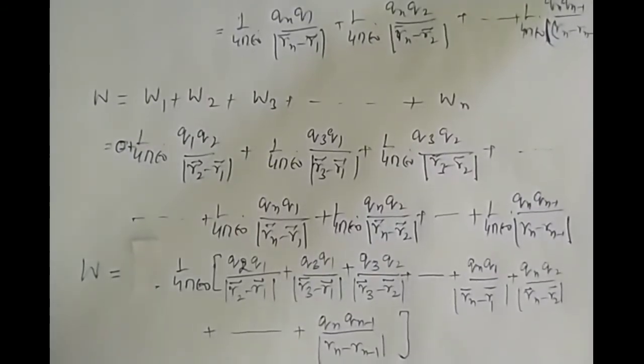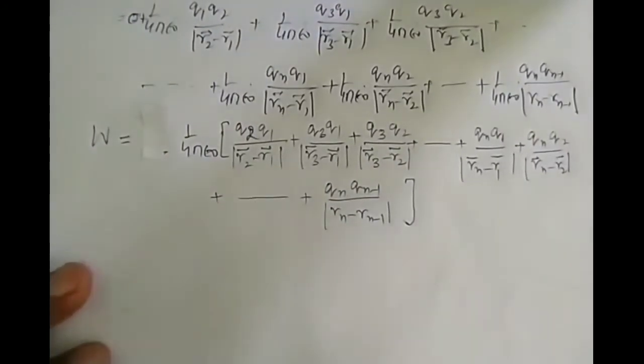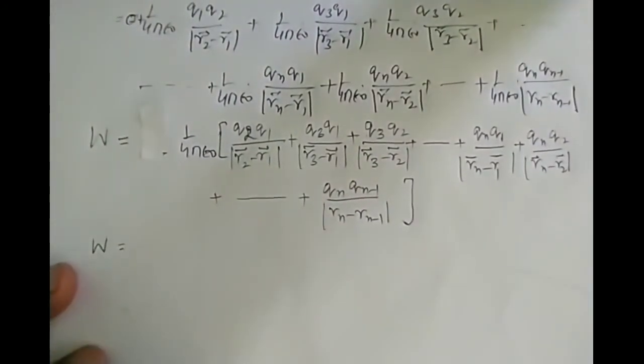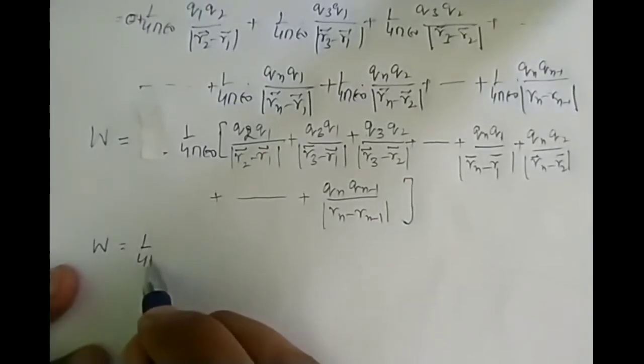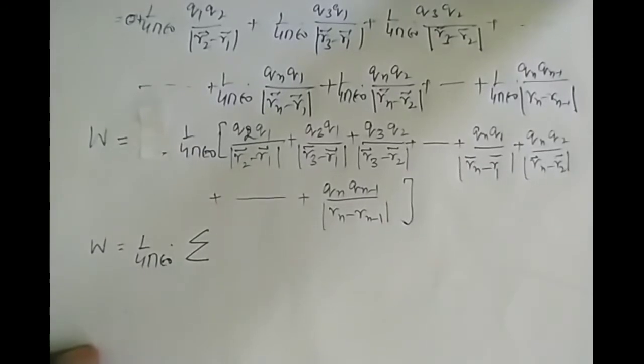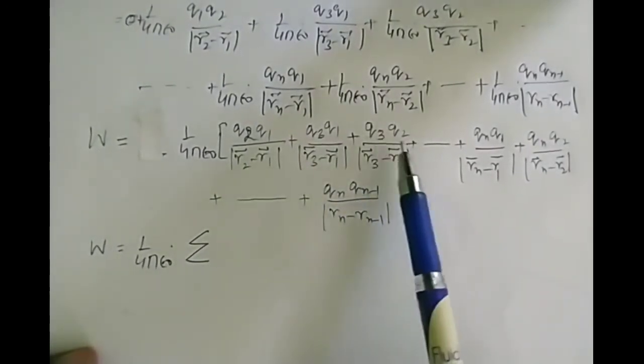So what I do here is I write this expression in summation form. It will be equal to 1 upon 4 pi epsilon naught, the summation. If you see carefully, it is 2 1, then 3 1, 3 2.